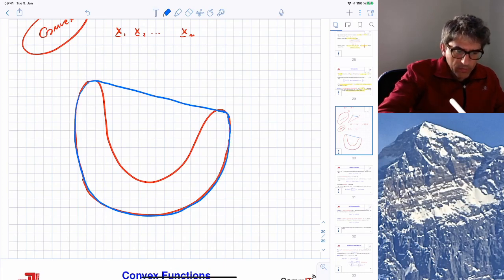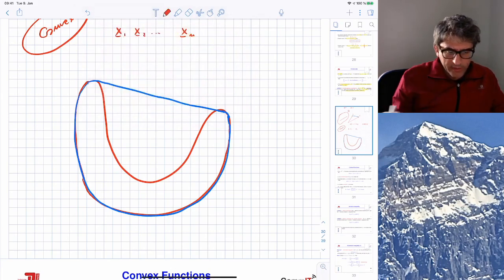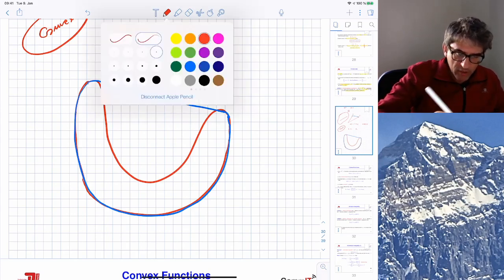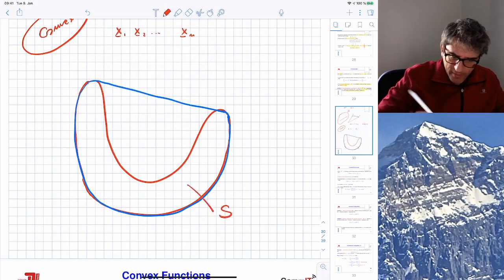And now the theorem says that every point in the convex hull can be expressed as the convex combination of at most 2 points in the original set. So here the original set is S. Let's write S. Here is the banana.